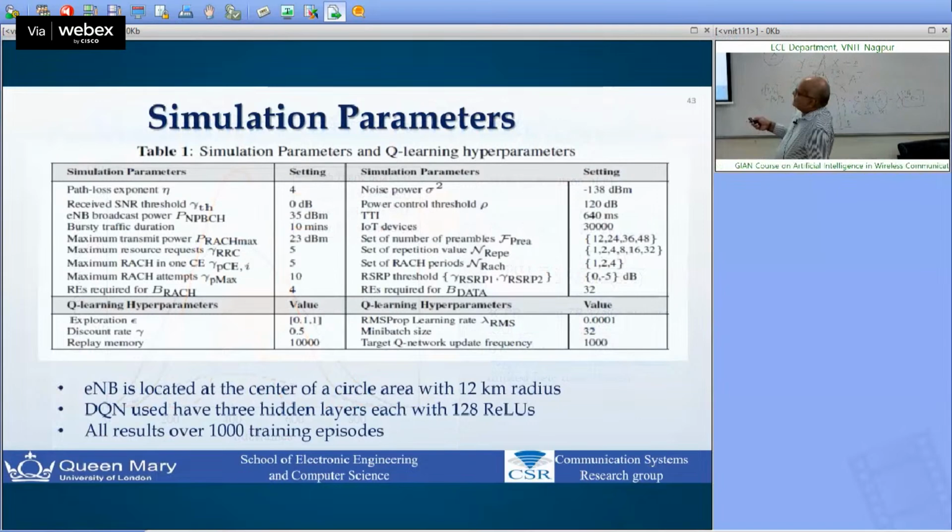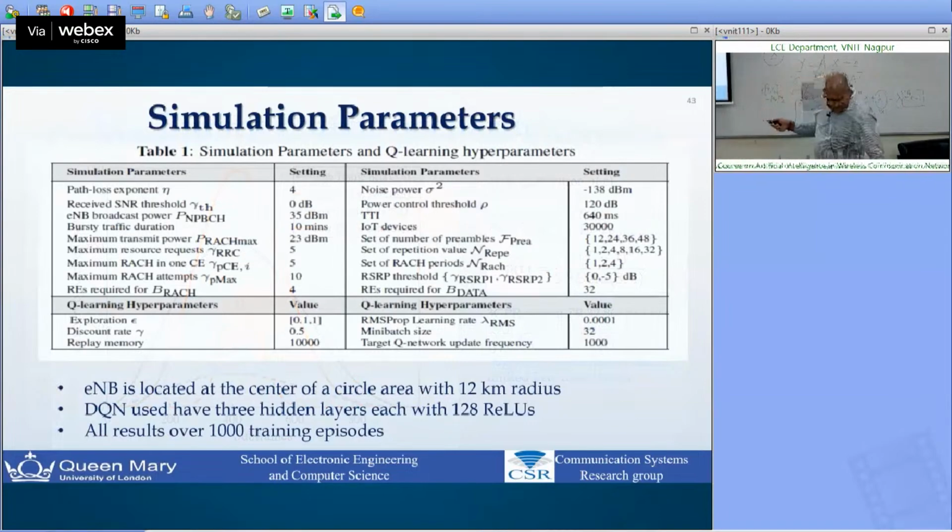This is the base station broadcast power, 35 dBm. Then we use the path loss exponent also. Here we consider the base station at the center, so all the devices are within a 12 kilometer radius. We did 1000 training episodes.